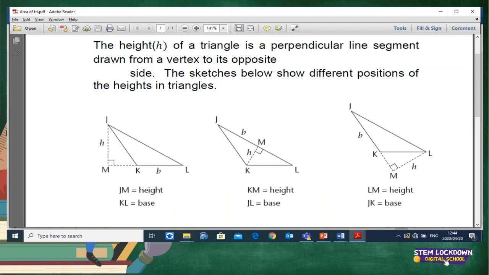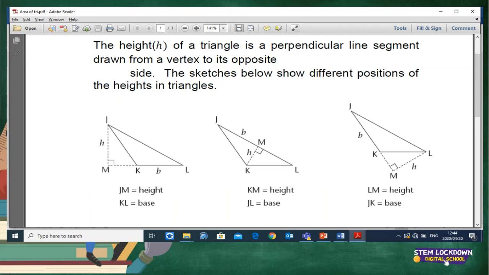The third one, you can draw a line from L, which goes to a point M. And of course, JK now becomes your base and LM becomes your height. Now, these are three different ways in which you can draw your height. But remember, it's not just a height. This is what we call a perpendicular height.